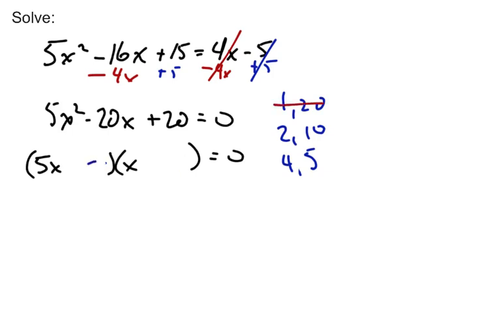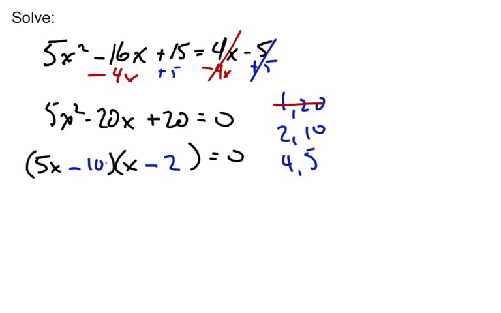Try 2 and 10. 50 and 2. That doesn't make it. So we switch them around into 10 and 2. That'll give us 10x and 10x. Well, that'll make negative 20. We need negative 20 with negative 10x and negative 10x. So we're good.